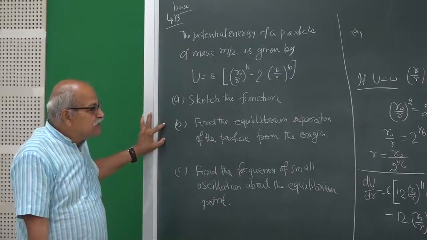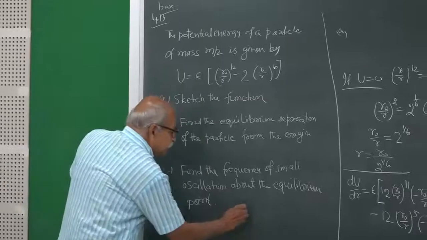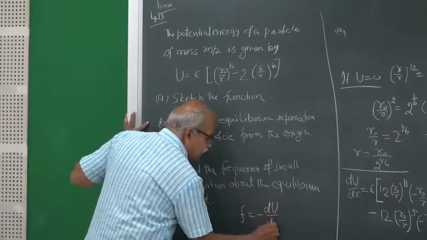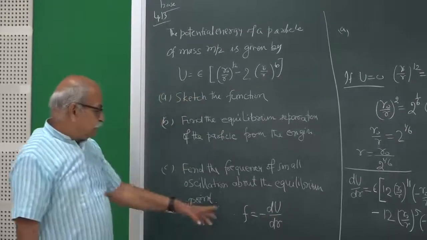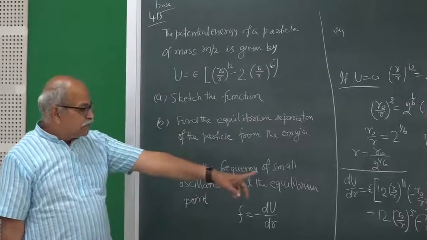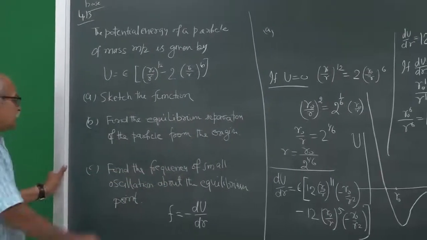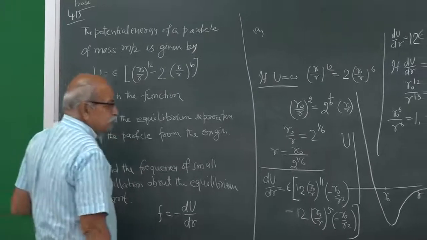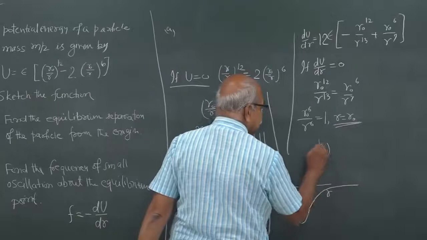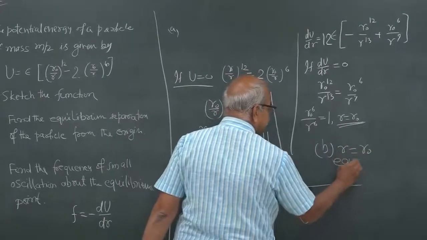That happens when this potential energy is minimum, because force is given by negative of du dr. So, if force is 0, du dr is 0, and therefore, the equilibrium position will be at r equal to r naught. So, this is also done, this will be the answer, r equal to r naught, this is that equilibrium position.